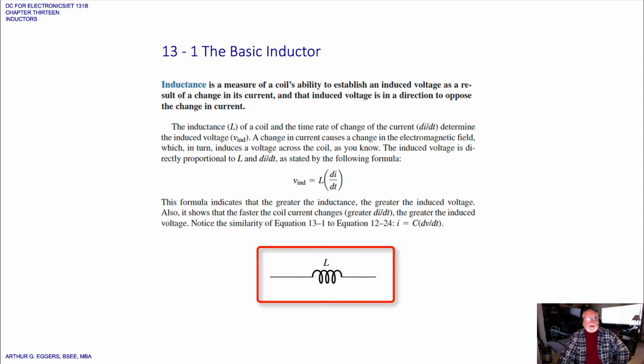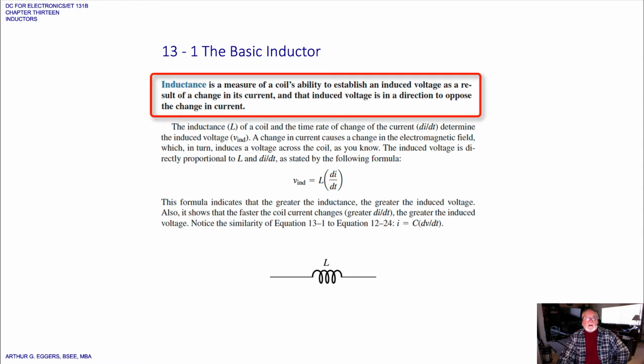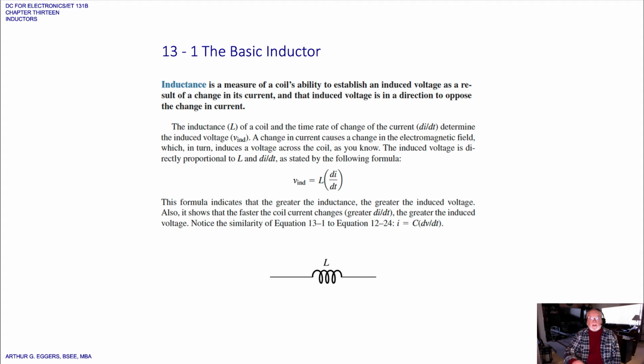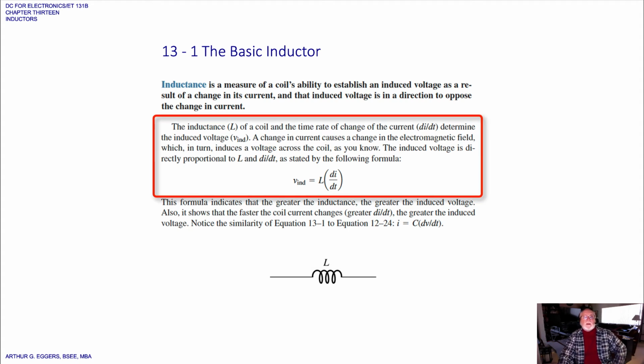So for a basic inductor, inductance is a measure of a coil's ability to establish an induced voltage as a result of a change in the current. And that induced voltage is in the direction that opposes the change in current. So the only time we get any real activity here with an inductor is when we stop and start the current flow, and we'll see that.